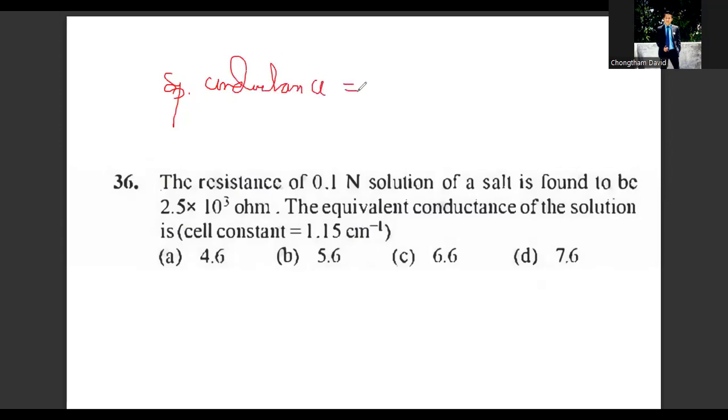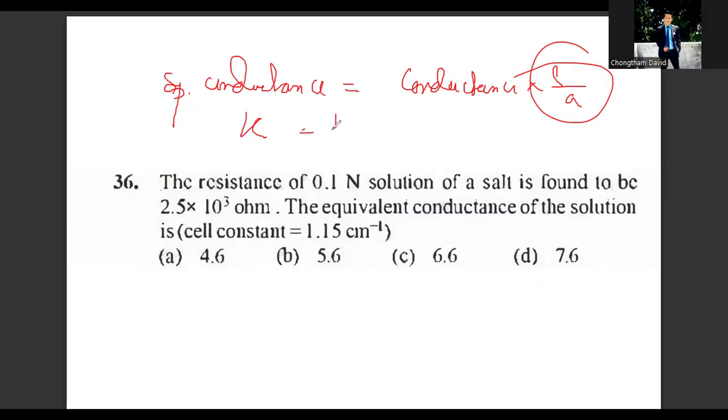Specific conductance is conductance multiplied with your cell constant, that is L by A. Clear? So specific conductance is your kappa, and conductance is 1 by resistance. So you're given resistance 2.5 into 10 to the power 3, and cell constant is 1.15.